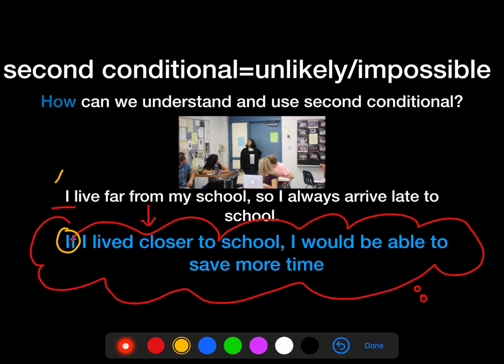So right now, this person lives far from the school, so this person is always late to the school. So this person imagines, if I lived closer to school, is it going to happen? But this is the impossible action.